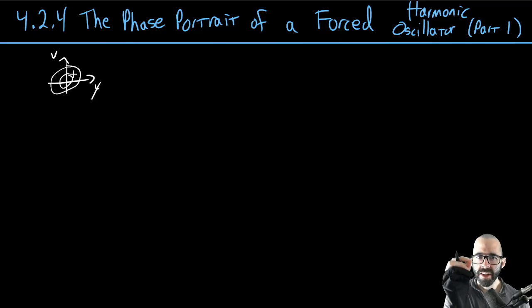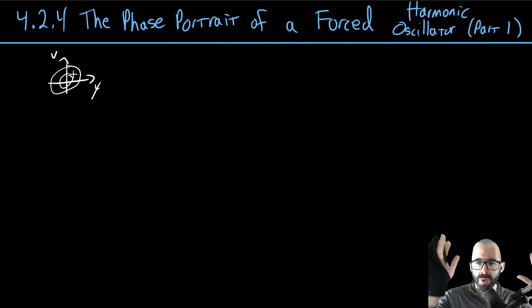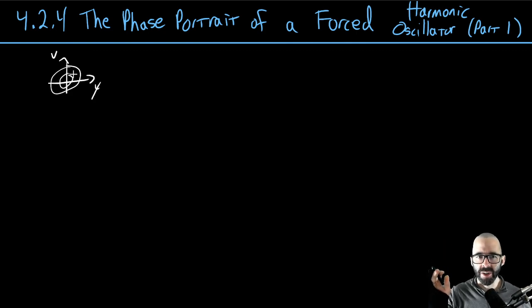And as time happens, each of these solutions moves. Okay? So phase portraits actually are now in YVT space. These phase portraits actually are in three-dimensional space now with t as our third variable. So it gets more difficult.